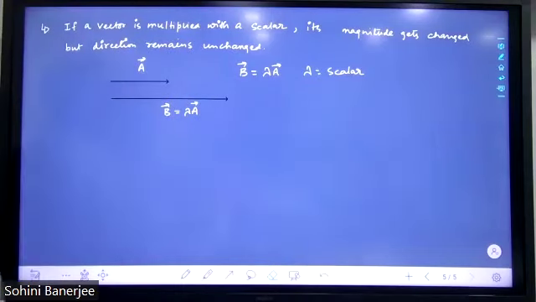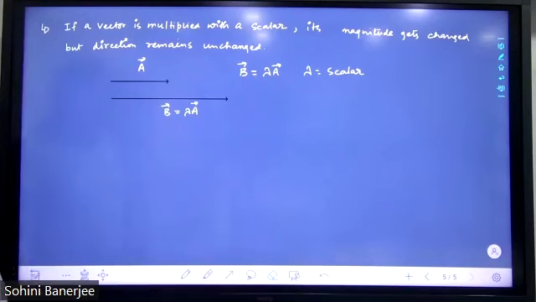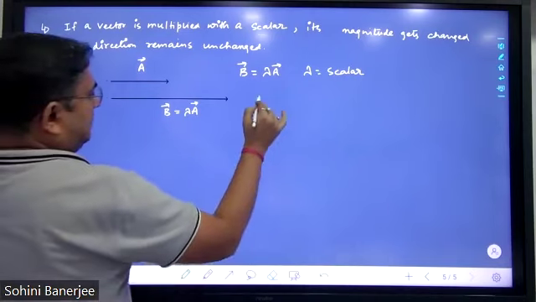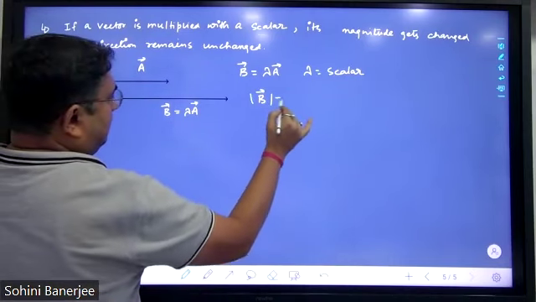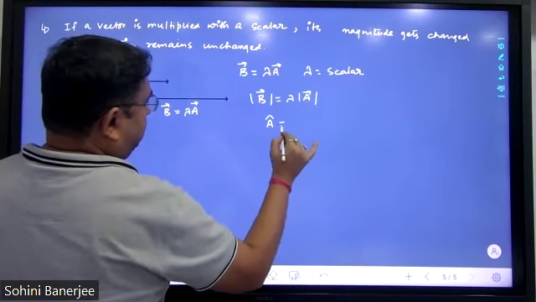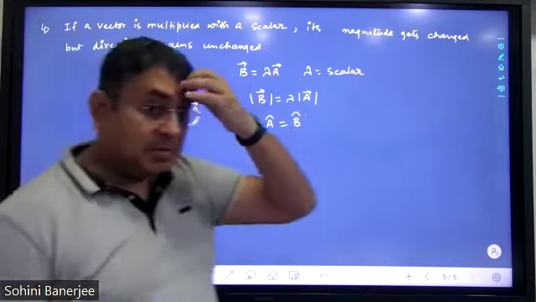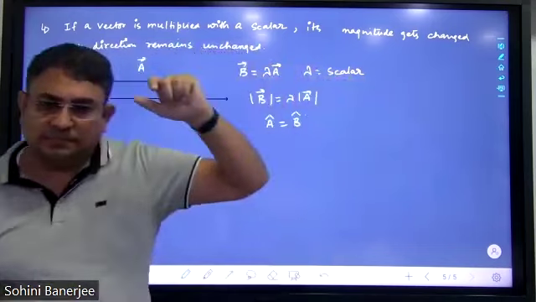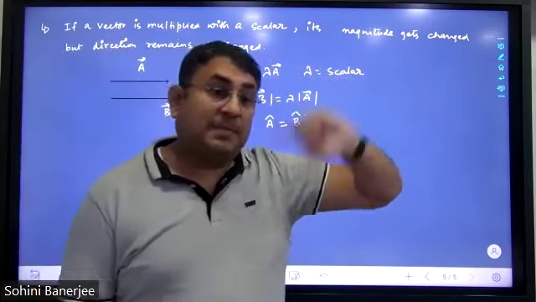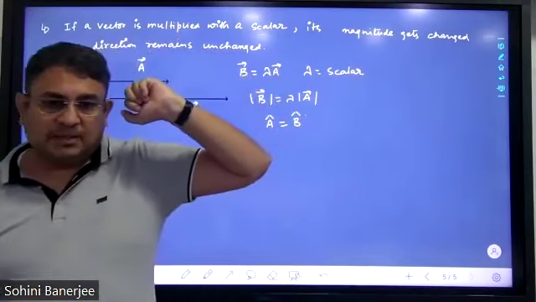That is how we get the idea of a scalar multiplied to a vector. Modulus B is lambda times modulus A, but A cap and B cap are same. Only lambda is multiplied to A, so magnitude has become lambda times. Clear?